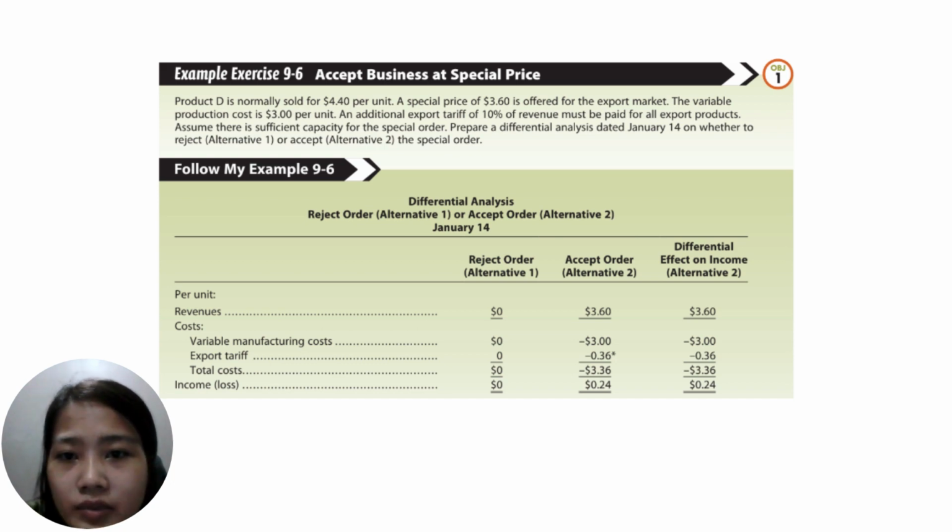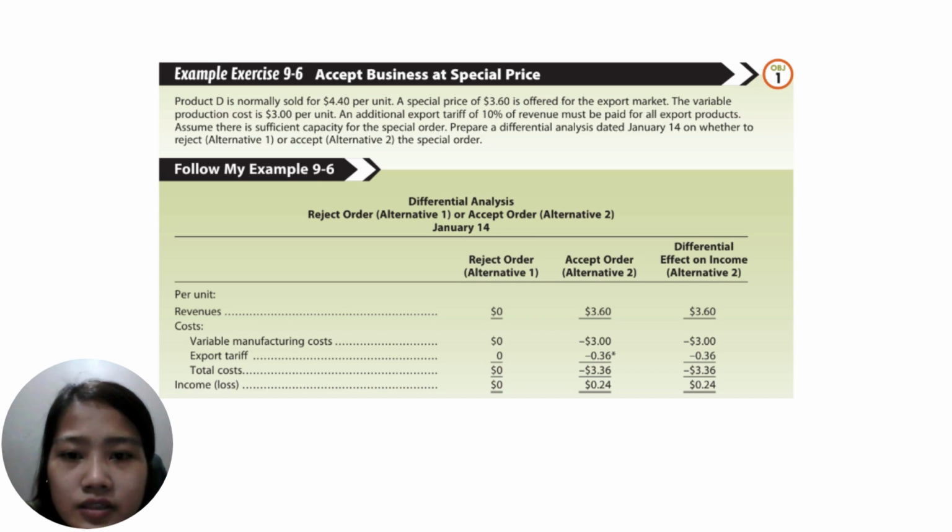So product D is normally sold for 4.40 per unit. A special price of 3.60 is offered for the export market. The variable production cost is $3 per unit. An additional export tariff of 10% of revenue must be paid for all export products. Assume there is sufficient capacity for the special order. Prepare a differential analysis dated January 14 on whether to reject or accept the special order.